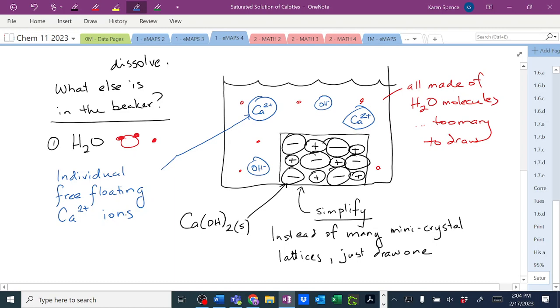So those are individual free-floating Ca2+ ions.